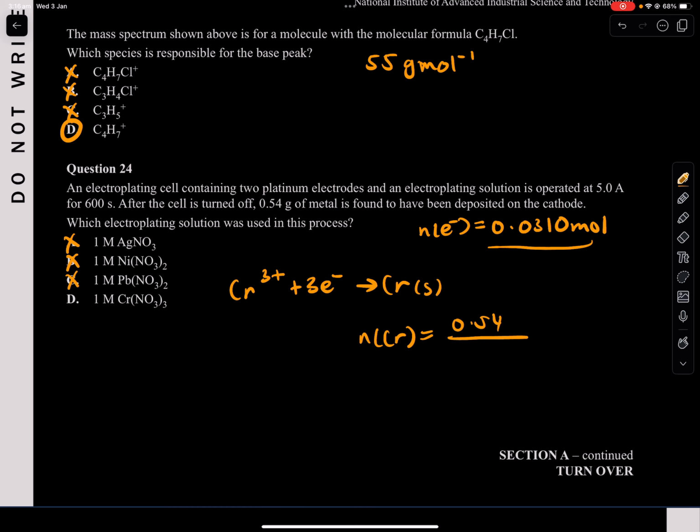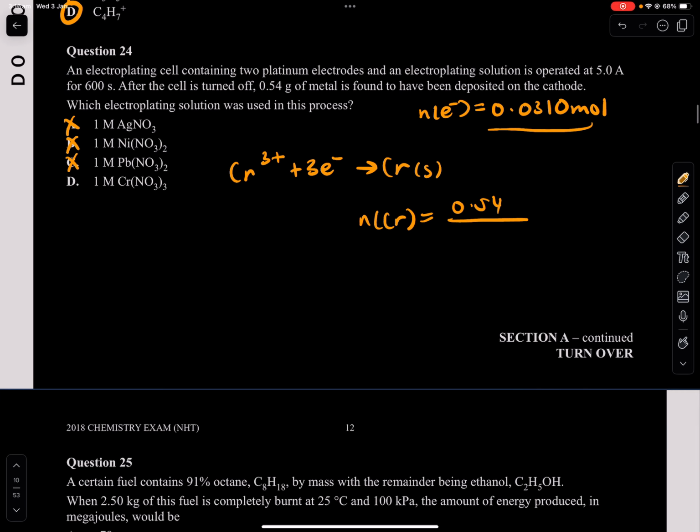So 0.54 divided by 52, and because we times it by 1/3, that's going to give me the mole ratio, so 0.03, perfect. So pretty much the same as this. It's the closest one that has this.